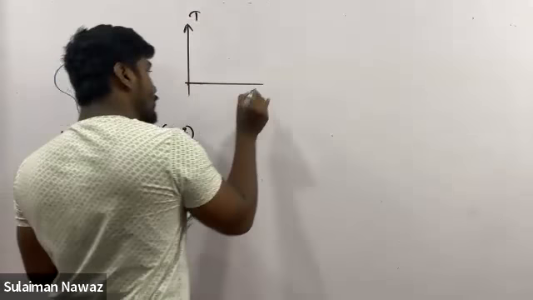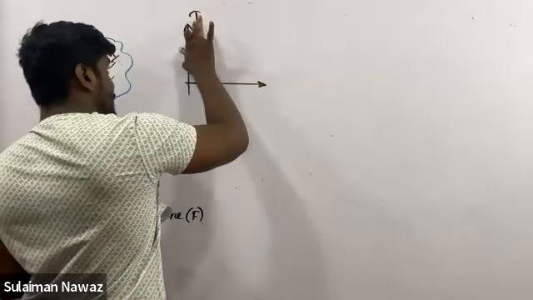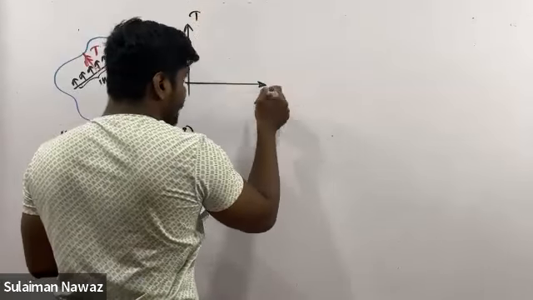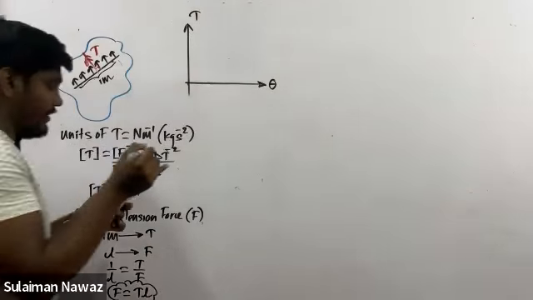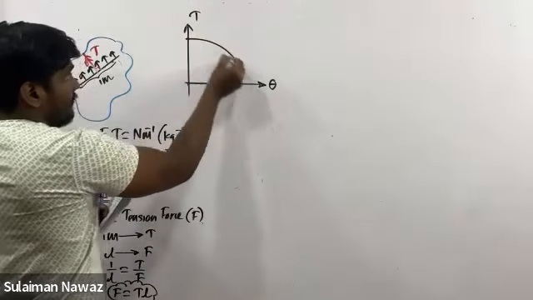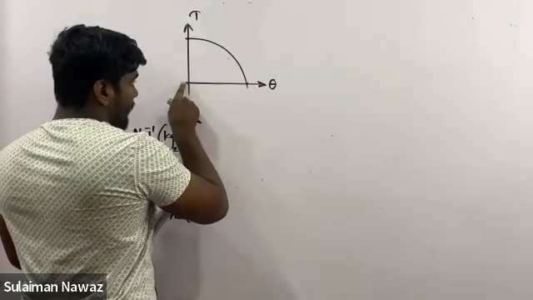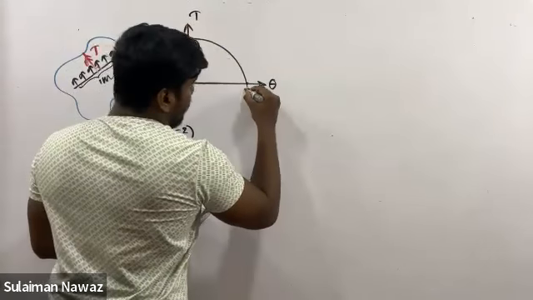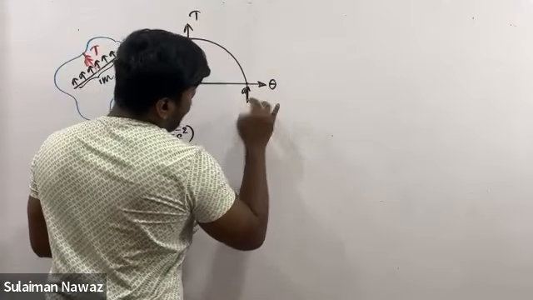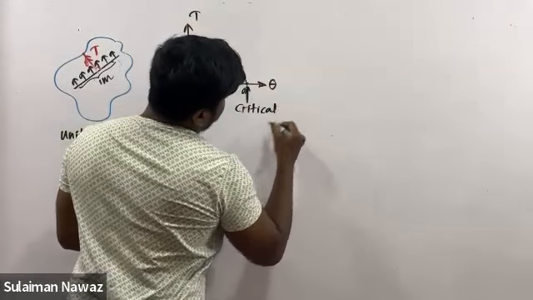This time I use theta to represent temperature, because surface tension is also capital T. So the variation would be something like this. When the surface tension of a liquid becomes zero, this temperature we call the critical temperature.